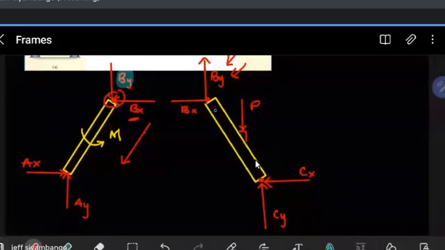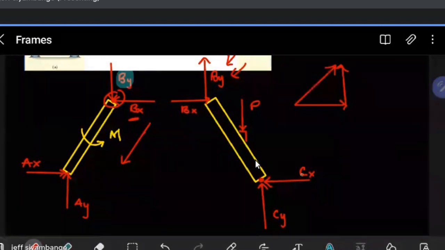For the member BC, based on the arrows that we picked, this is going like this and this is going up like this, it implies that the force to this member has to be a combination of these two. The resultant of these two is what has to make way. So we can perhaps draw it as something like this. Yeah, something like that. It doesn't really look too nice, but who says it has to be nice?